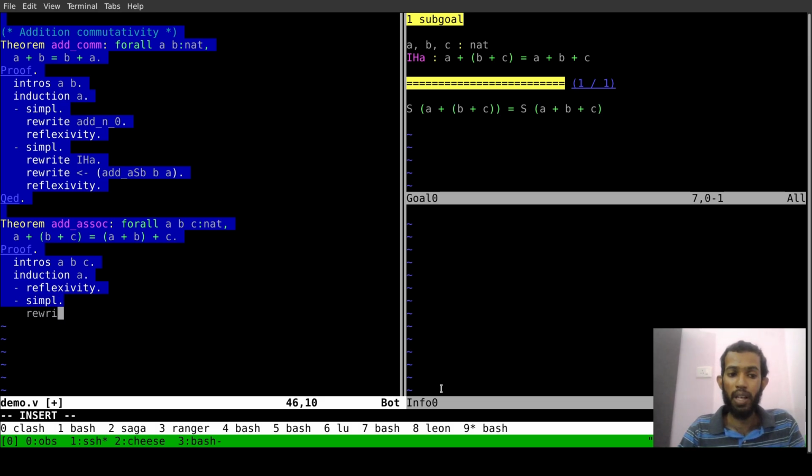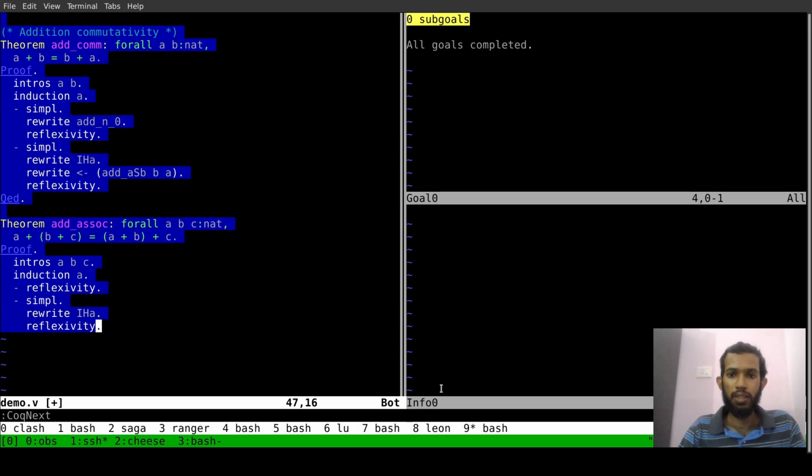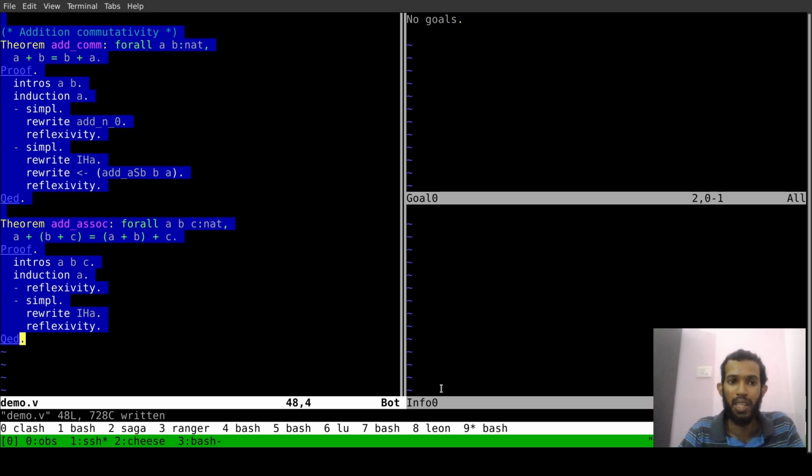We can rewrite this with the help of IHA, and I want to transform A plus B plus C into the other one, right? And now we got LHS equal to RHS, and voila, we have proven that addition is indeed associative. Okay, the stuff that we had planned for addition was just commutativity and associativity.